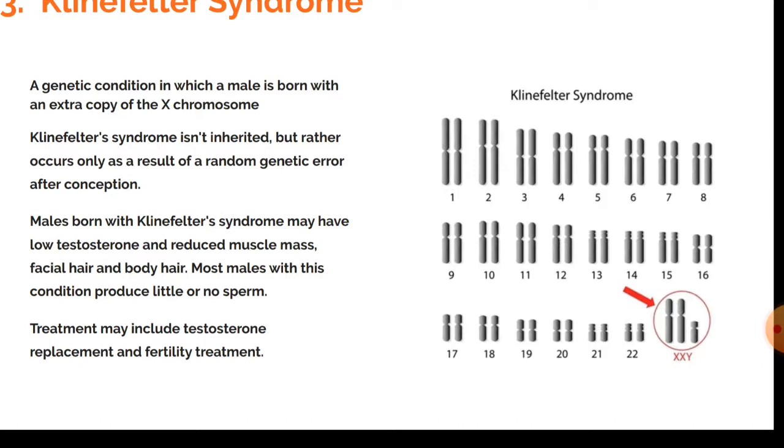So when an X carrying egg combines with abnormal XY sperm due to non-disjunction, it results in Klinefelter's syndrome. Right? So clear? So here it is trisomy.